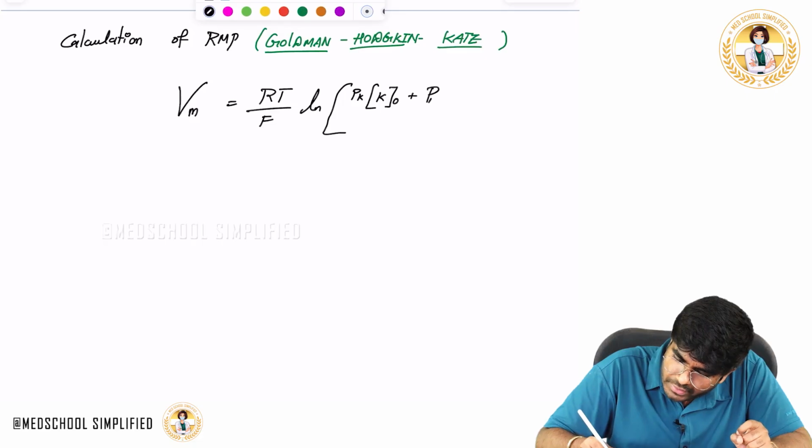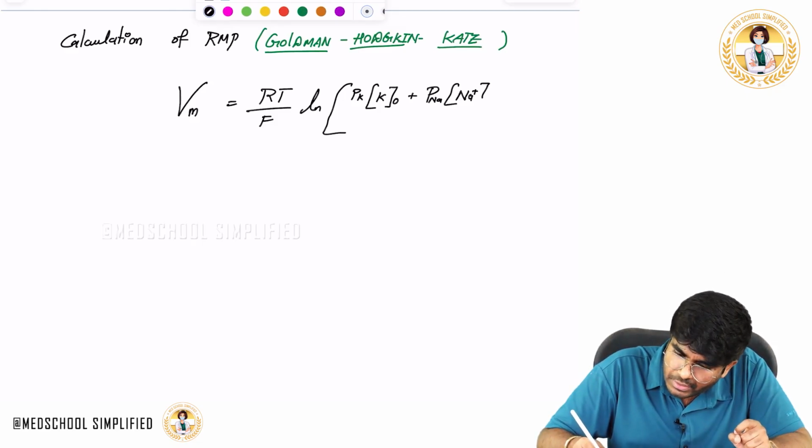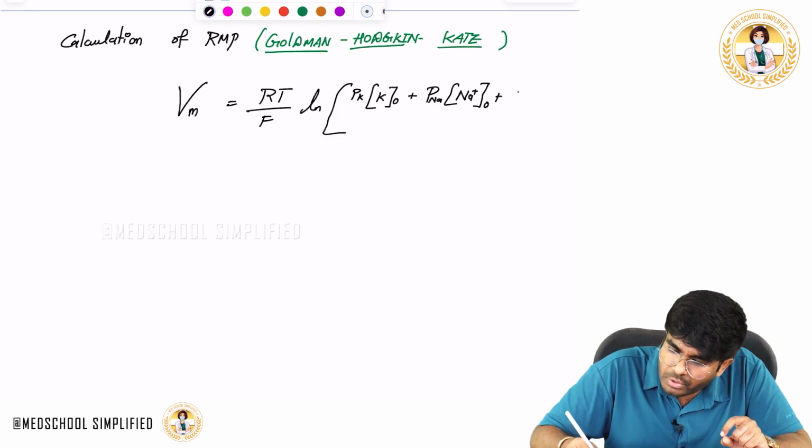So permeability of sodium times the concentration of sodium outside the cell. Not only sodium leaky channels are present, but also chloride leaky channels.